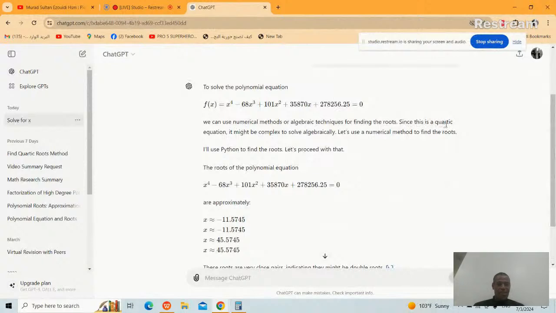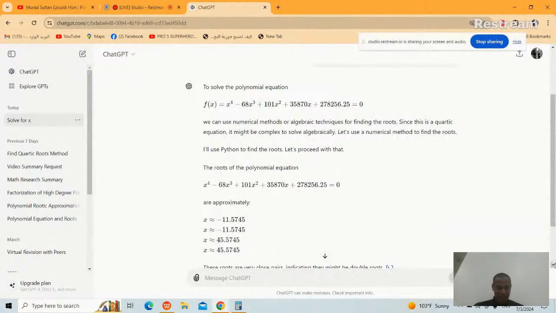Since this is a quartic equation, it might be complex to solve algebraically. Let's use a numerical method to find the roots. I will go step by step. I will use Python to find the roots. Let's proceed. So the roots are negative 45.